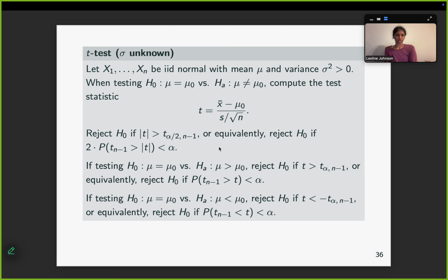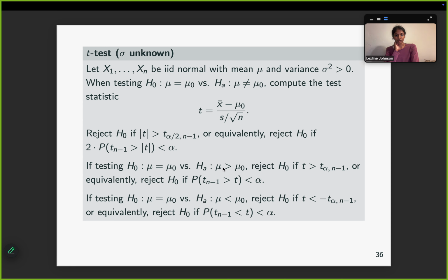Equivalently, we reject if 2 times the probability that t with degrees of freedom n minus 1 is greater than the absolute value of our test statistic t is less than our significance value alpha. And again, we have our times 2 here because it's a two-tailed test, and if it's not a two-tailed test, we wouldn't have our 2.